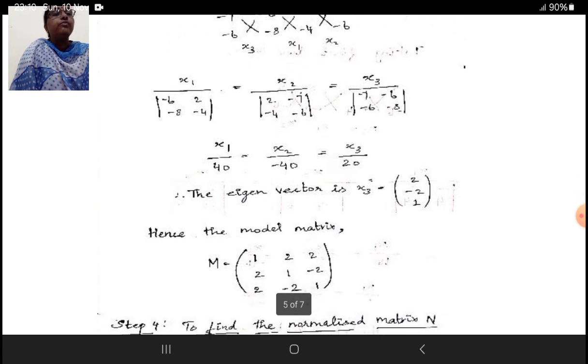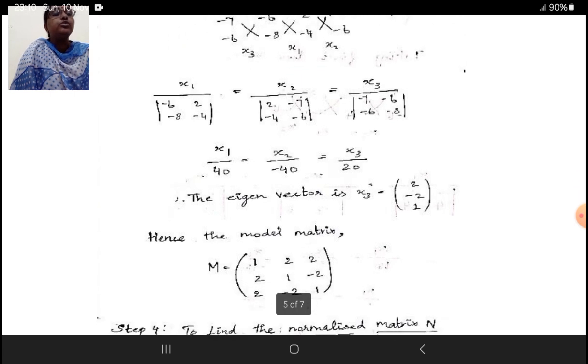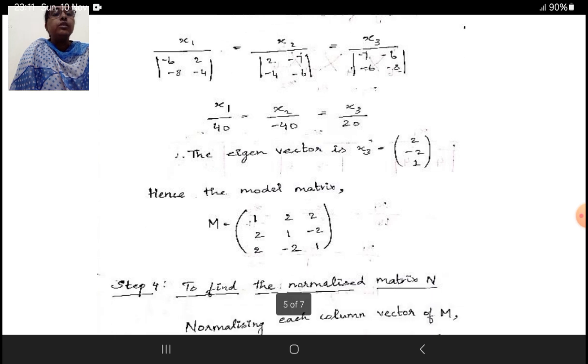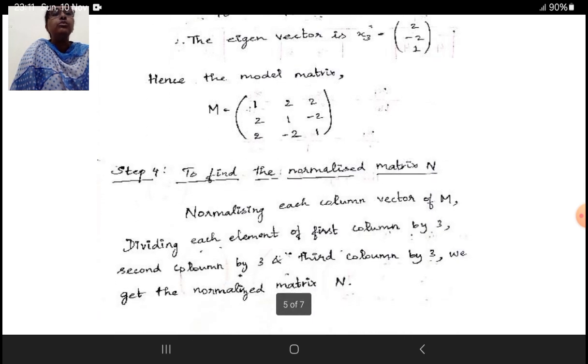First two rows we choose, and we got the final x3 value as 2, minus 1, 1. We already discussed this earlier.